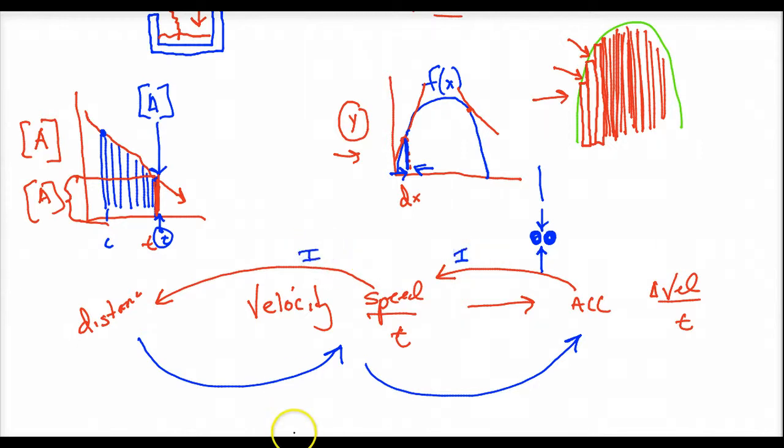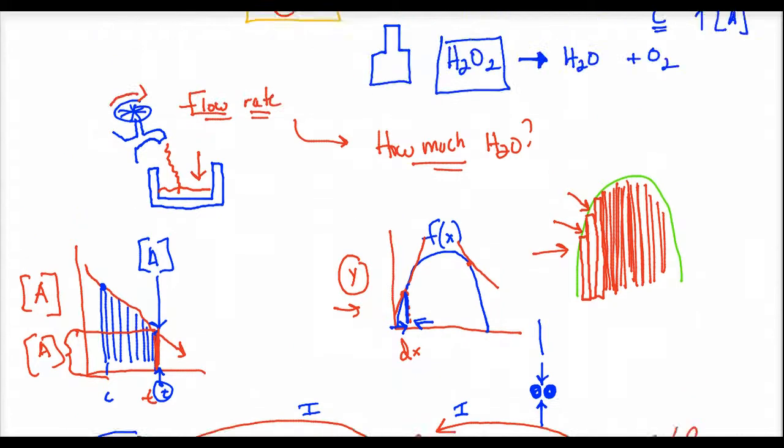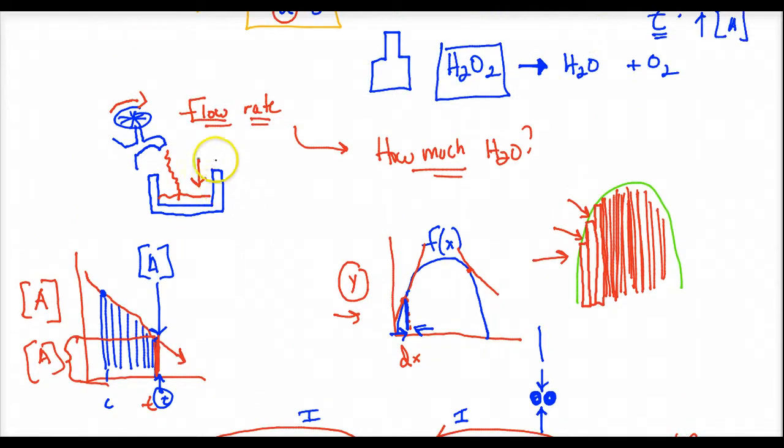So if you think about it, the total distance you travel is the integral of velocity. All right? And the total speed that you were going is an integral of acceleration. So the total amount of water that we're working with here is an integral of the flow rate. And the flow rate is a derivative. It's a rate of change.